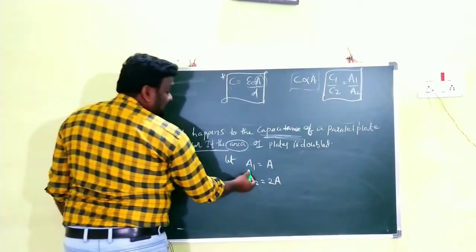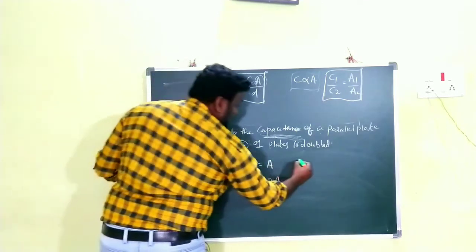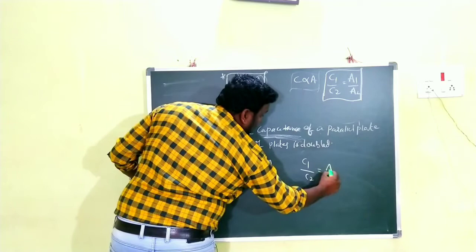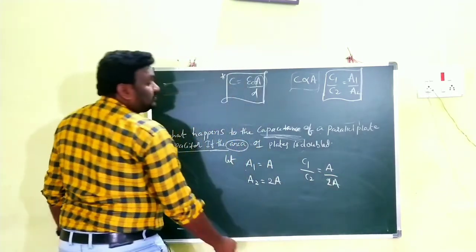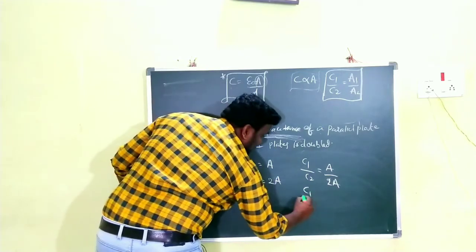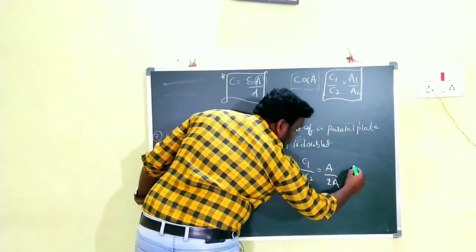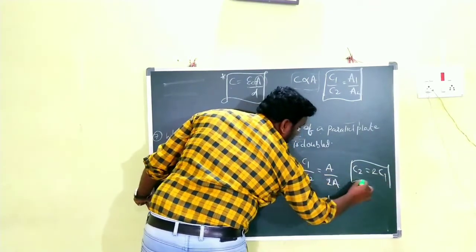Clear? A1 is equal to A and A2 is equal to 2A. Then substitute here: C1 by C2 is equal to A by 2A. Then what do you get? C1 by C2 is equal to 1 by 2. Then C2 is equal to 2C1.